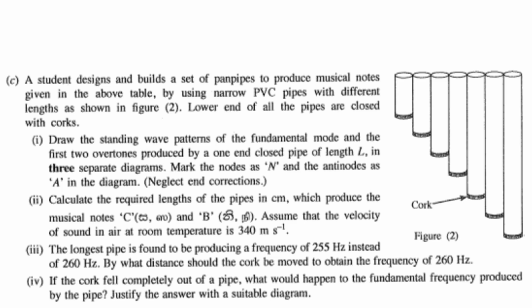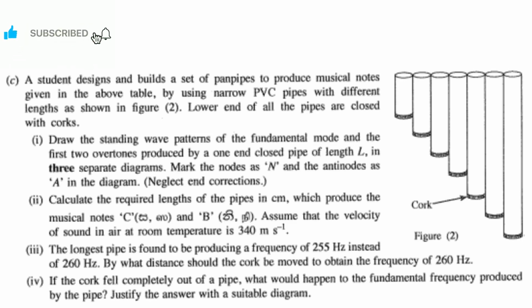Part C. A student designs and builds a set of sand pipes to produce the musical notes given in the above table by using narrow PVC pipes with different lengths as shown in the figure. Lower ends of the pipes are closed with corks.